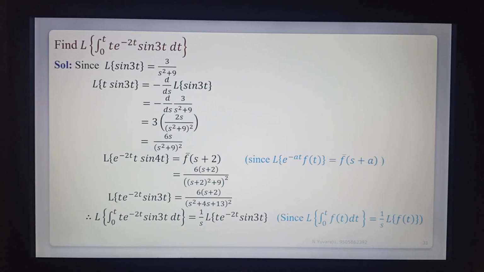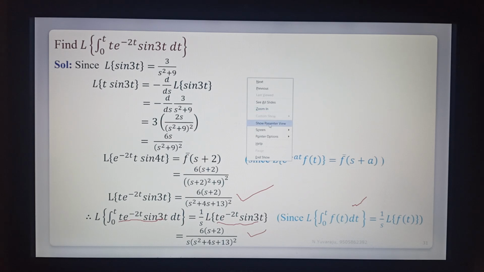So integration 0 to t, this is total f of t, that is equal to 1 by s into L of f of t, using this formula. L of f of t is already found here, substituting here, that is equal to 6 into s plus 2 by s into s square plus 4s plus 13 whole square. This is the required value of the given Laplace transformation of the given integral function. This is also an important question.